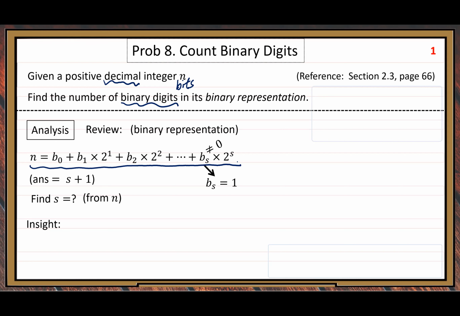It's still hard to see s in terms of n easily. So we need to have some more friendly form. This current form we feel not that friendly to discover expression for s. So we are looking for a different form, a more friendly form.